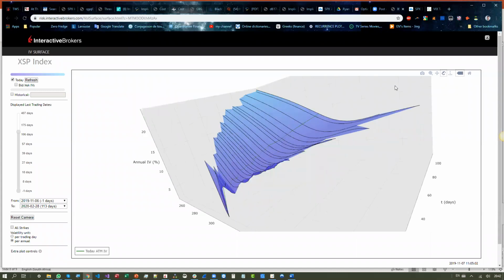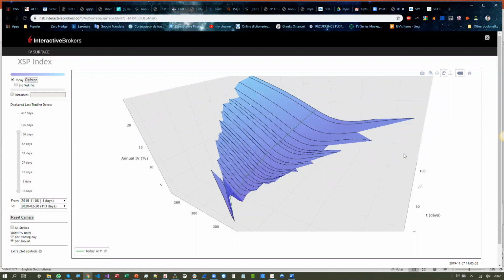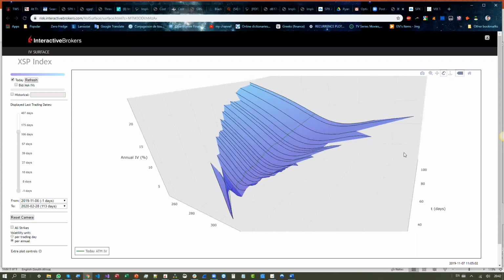That being said, this vol surface is in fact more complicated and less accurate, because I know that when we trade, we use strikes. We would like to see prices on this axis, and because this is the XSP, this is roughly 10 times lower than the SPX, but this is more or less the same.